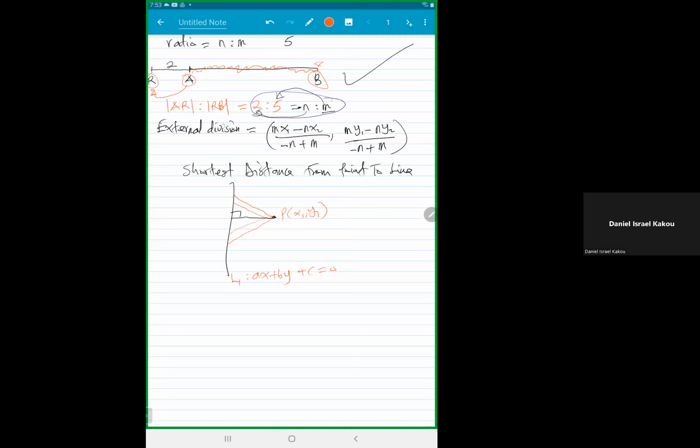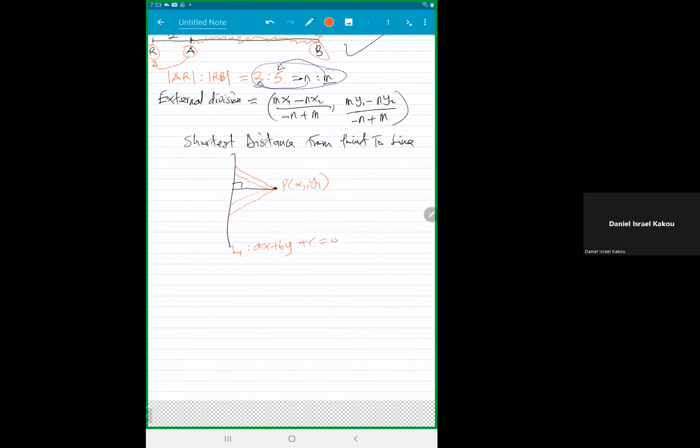Now, the formula for finding the shortest distance, the distance we are talking about, say D, so the black line is D. To find the distance D, we say it is the equation of the line evaluated at the point P, and taking the absolute value.